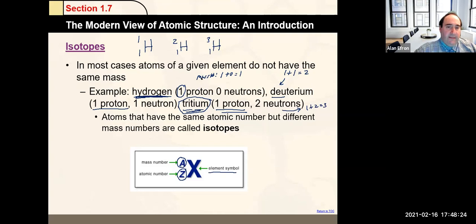And that would be the symbol for tritium, which again is the radioactive version of hydrogen. Any questions on mass number, atomic number, how to write the symbols correctly? Any questions on any of that there?